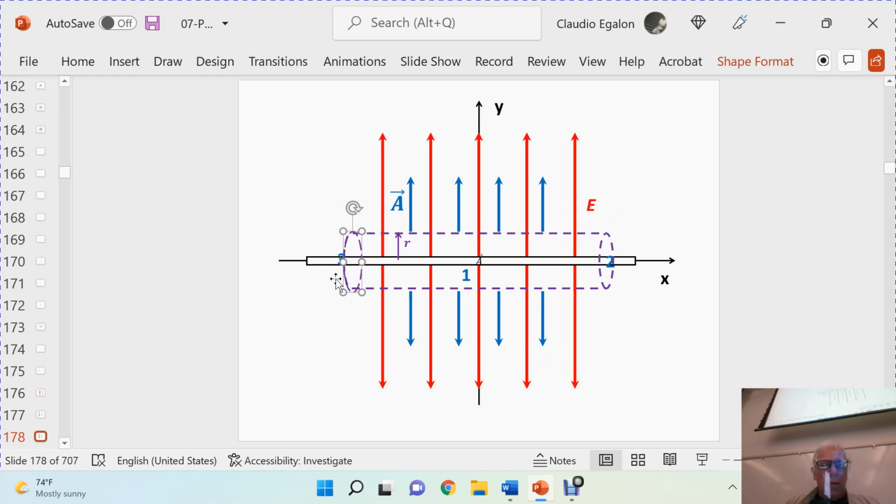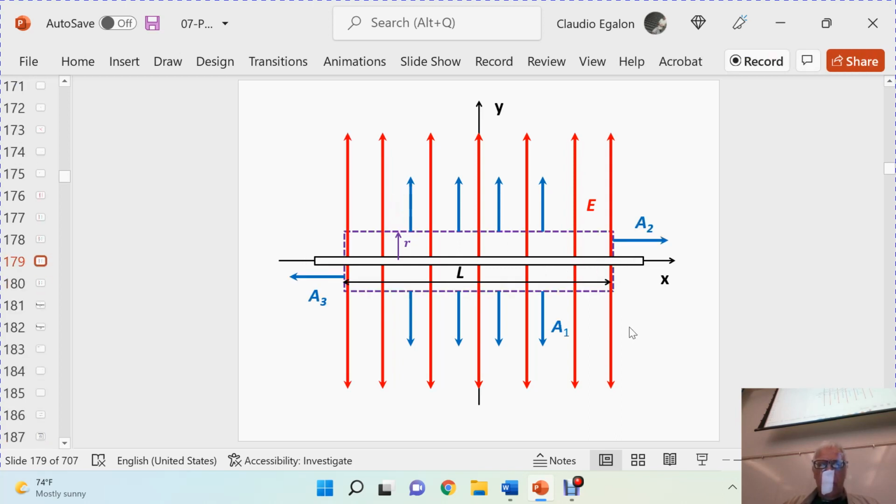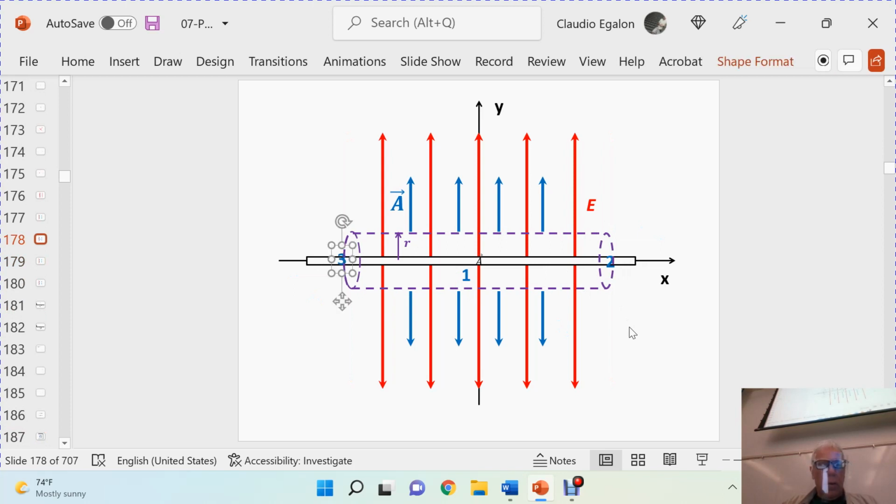So this cylinder has three surfaces. The first surface is the cylindrical surface itself. That's the first surface. The next surfaces are the caps.